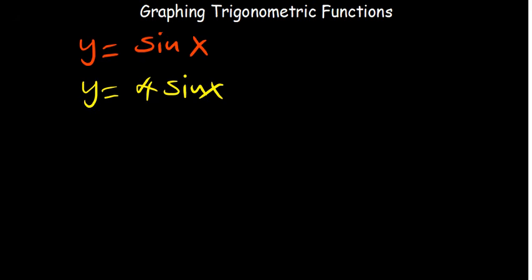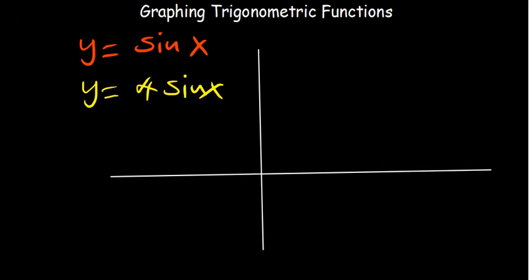So what did we see? If I go back to the graph, this was our graph. We saw that whenever we are talking about the sine graph, it is going to come out like this. That is the basic form of the graph.